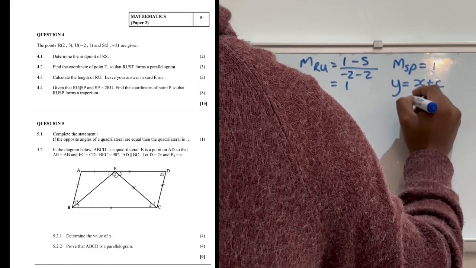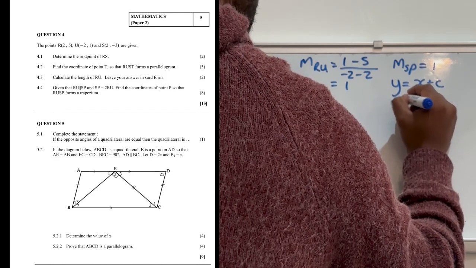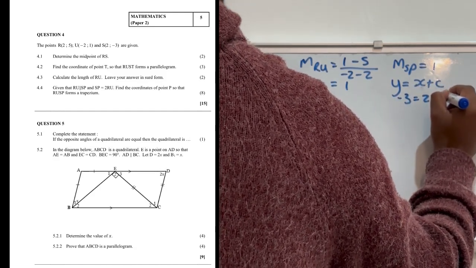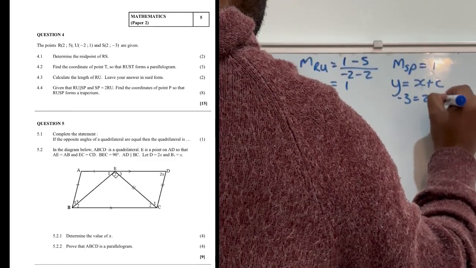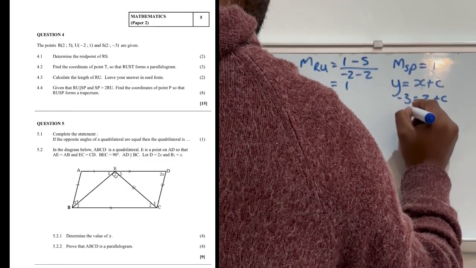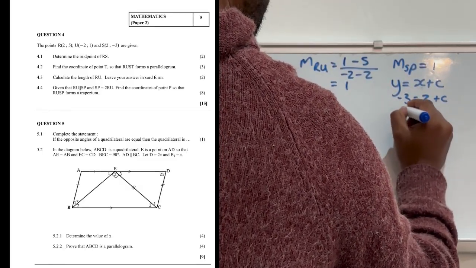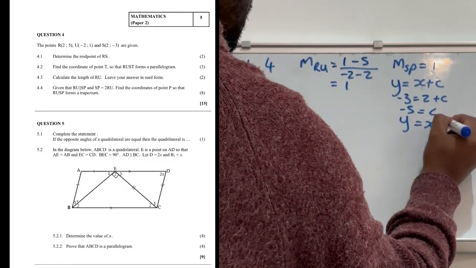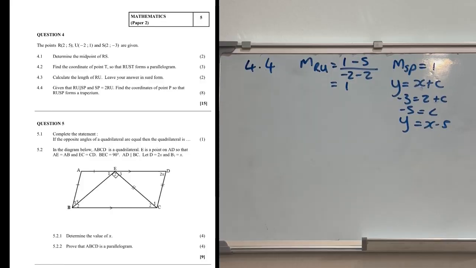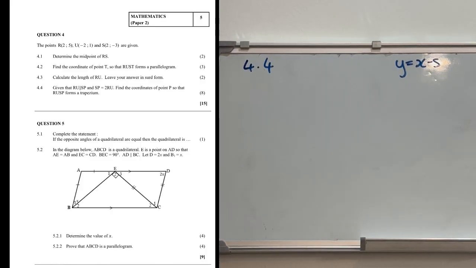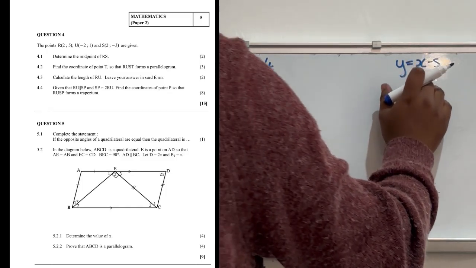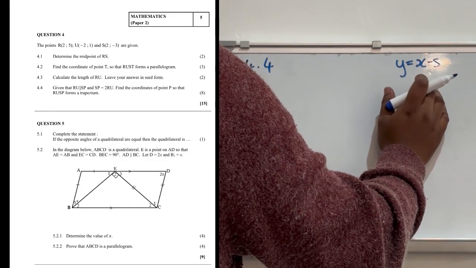So we put in y is minus 3, x is 2, which gives us plus c. Taking c over, we get c is equal to minus 5. So the formula is then y equals x minus 5. I just wipe out all the other details quickly because I'm going to run out of space for this question. So here we got our first formula, okay? y is equal to that.